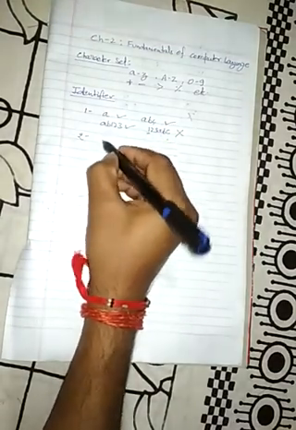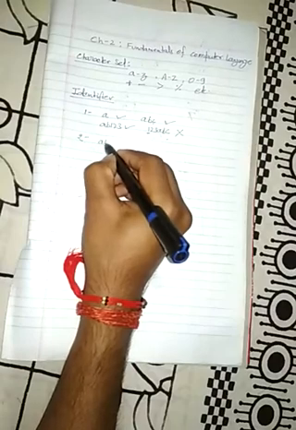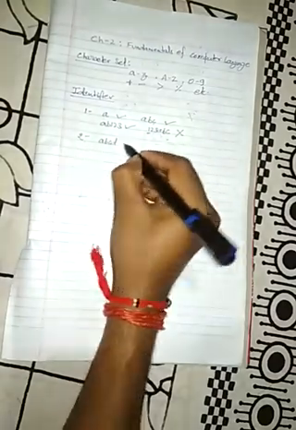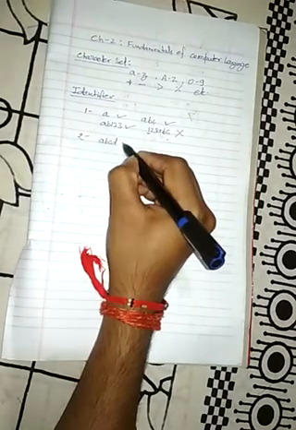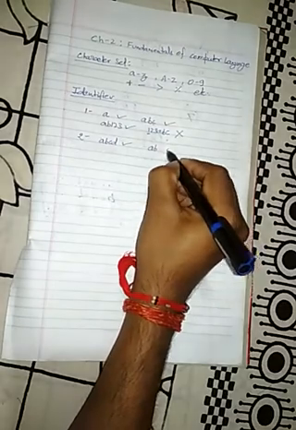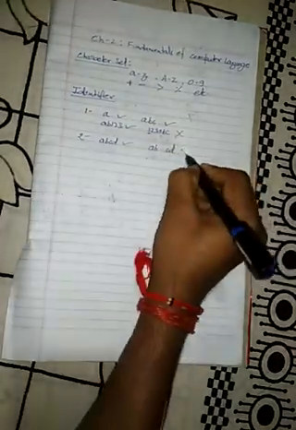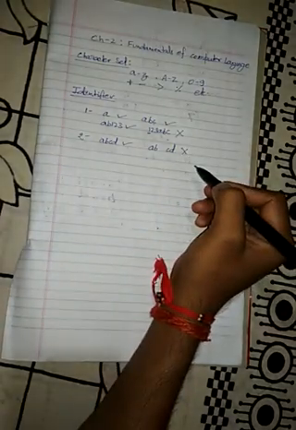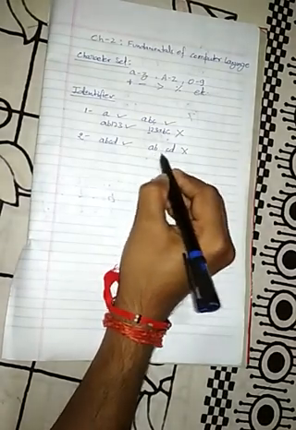For example, suppose I'm taking ABCD. The first letter is an alphabetic character, so it is an identifier, it is correct. But if I'm writing AB CD with a space, you can see there is a space, so it is not a valid identifier. There should not be any space within an identifier.